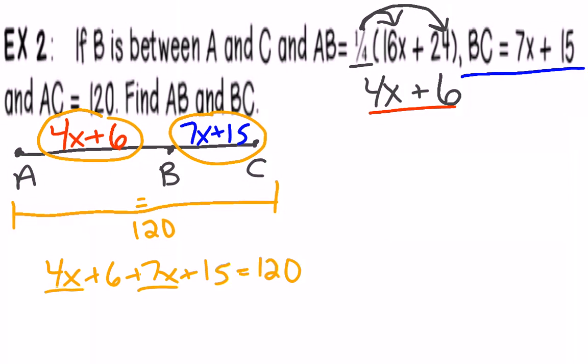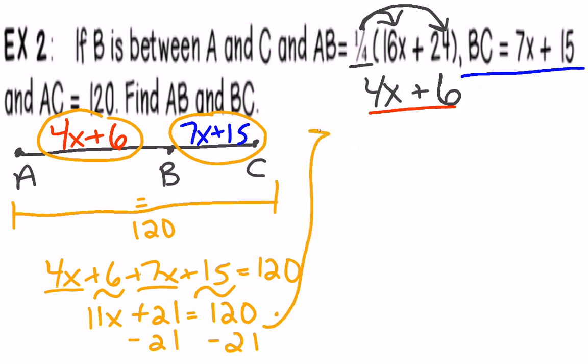Combine like terms. 4x plus 7x is 11x. 6 plus 15 is 21. Subtract 21 from both sides. I think about that as it's 120 minus 21, so I take away the 20, which gives me 100, and then I need to take away one more, which gives me 99.